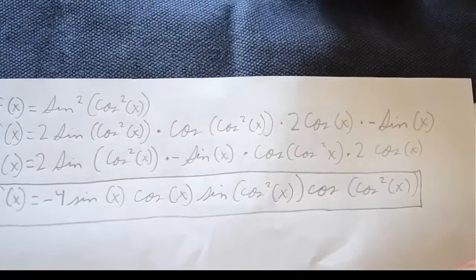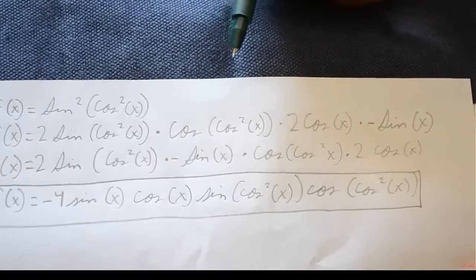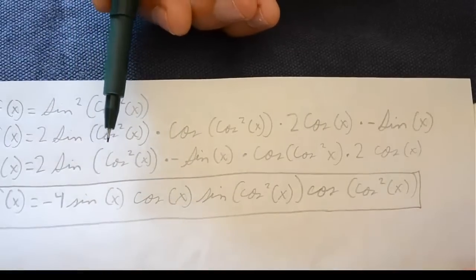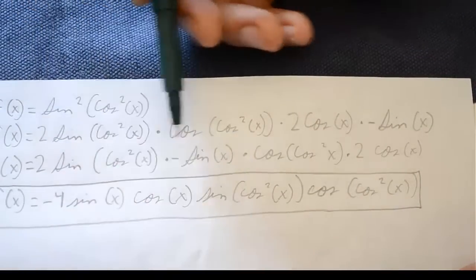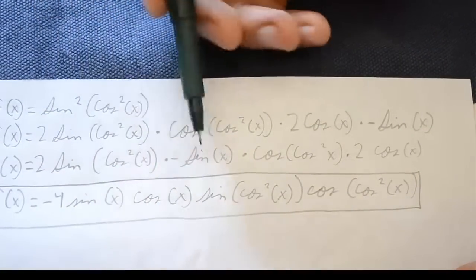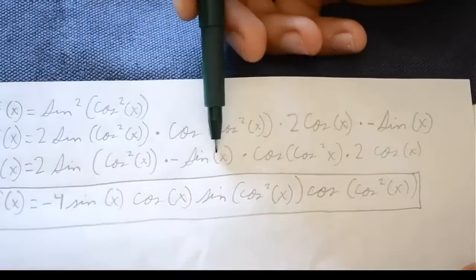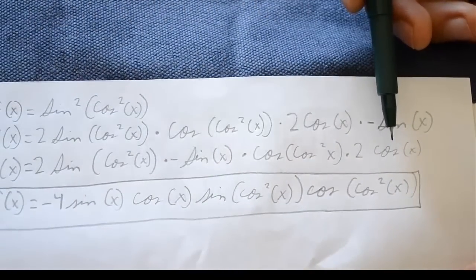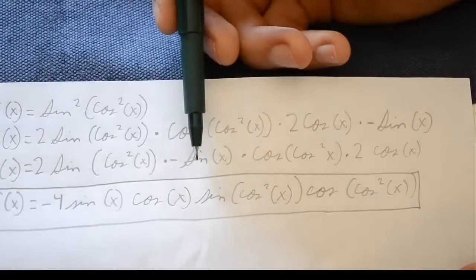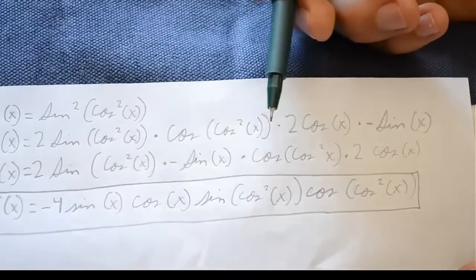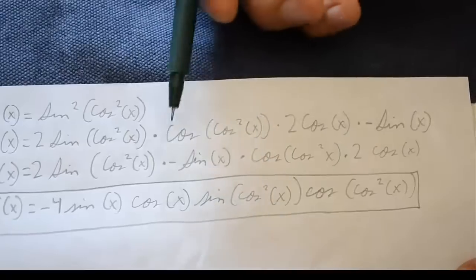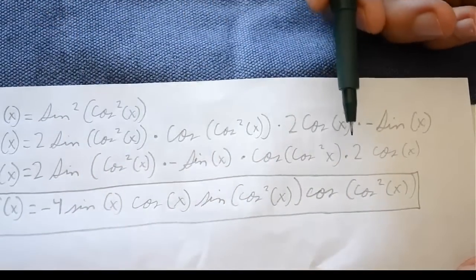However, since we're looking for simplification, we will try to cluster together like terms. In this case, the sines and the cosines. We put the sines here and the cosines together. However, we discover when we try to factor out the sines that it would be rather simpler to simply leave it like that.